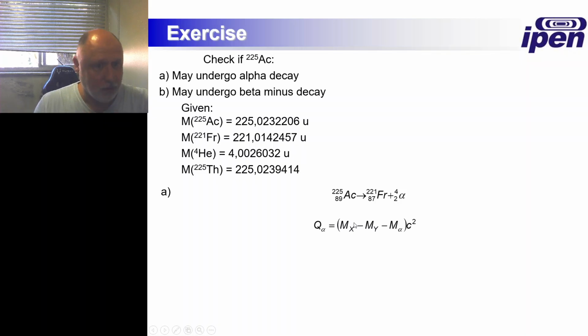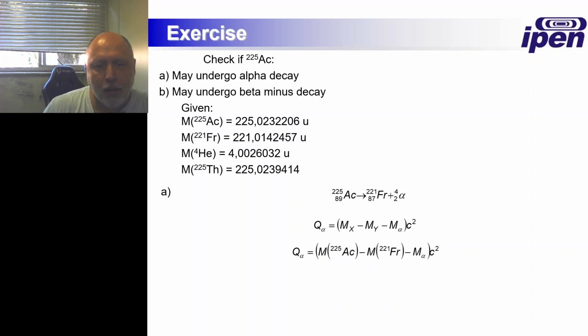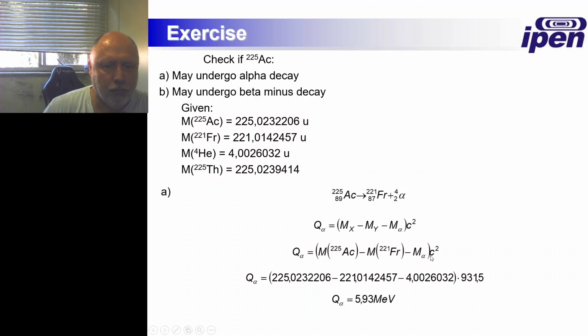Let's see. Then for alpha, remember, electrons cancel out, just do the simple math. Okay, so it's this, and we have 5.93 mega electron volts of Q, meaning this decay can and will happen, right? Positive Q, decay happens.